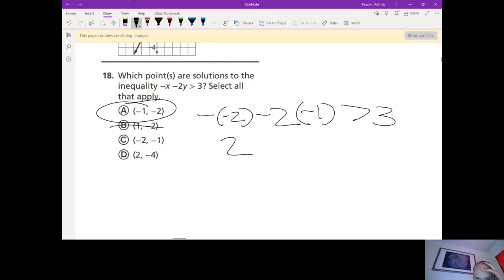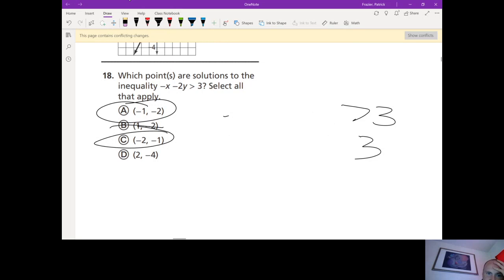Negative 2 times negative 1 is positive 2. 2 plus 2 is 4. 4 is greater than 3, so that checks out. C is a winner. So far we have A and C, but not B.